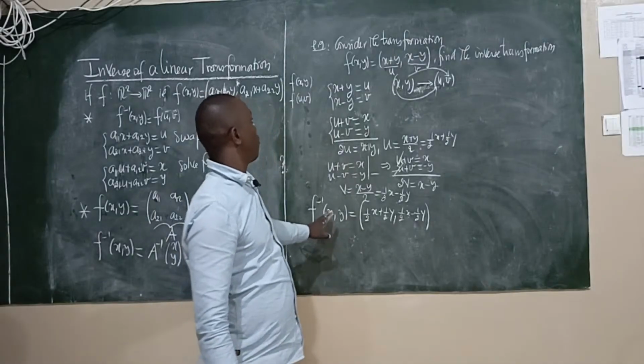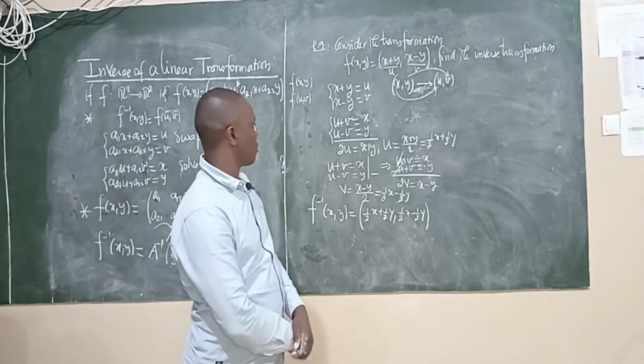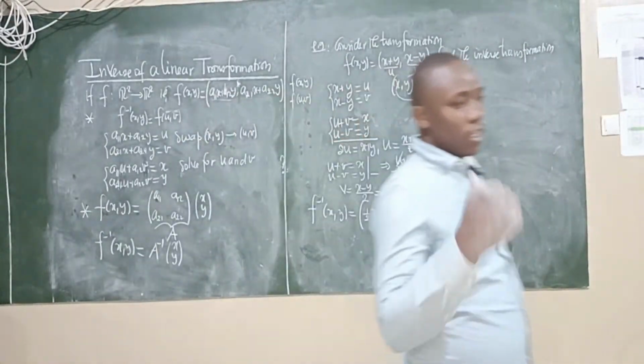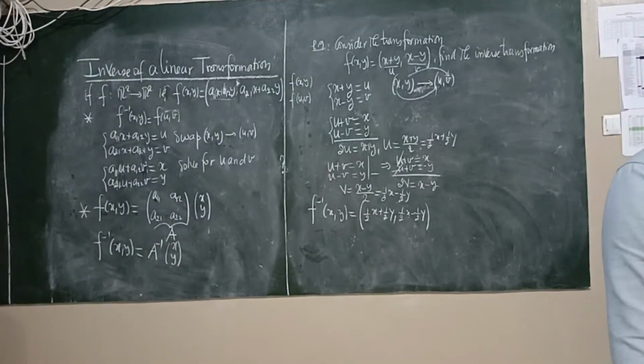This is the inverse transformation of the given function. Okay. Do you think this way is easier than using that of the determinant? Do you think so?